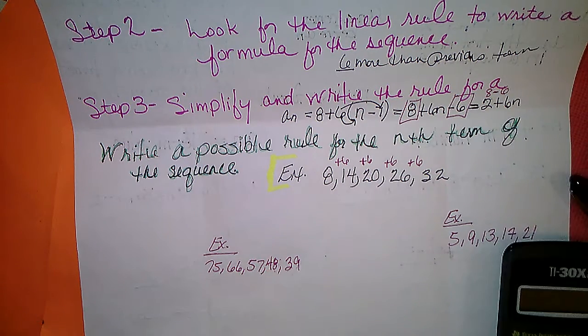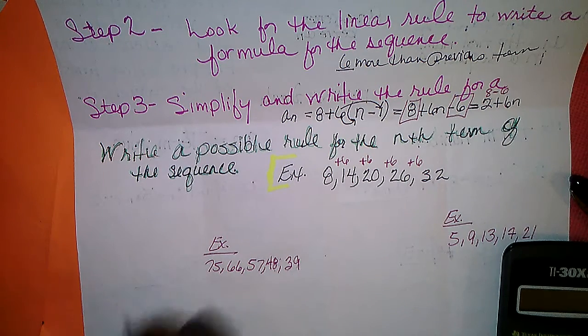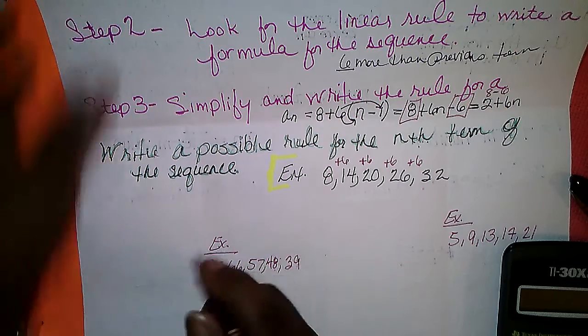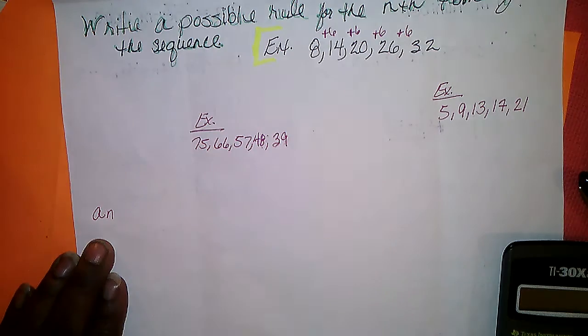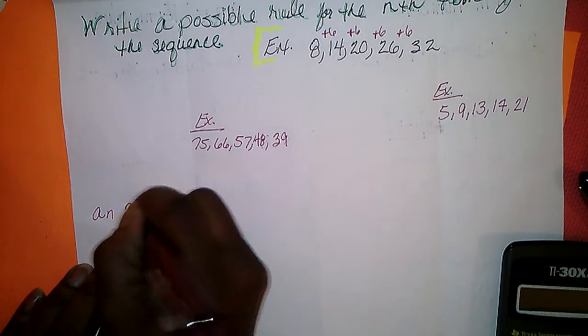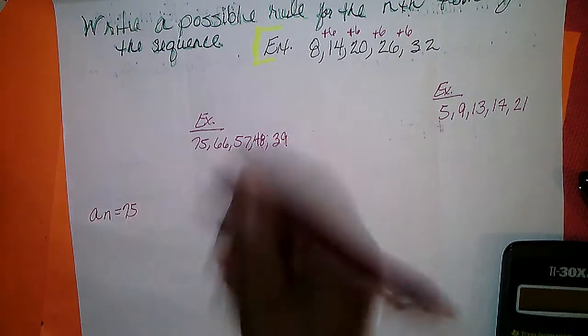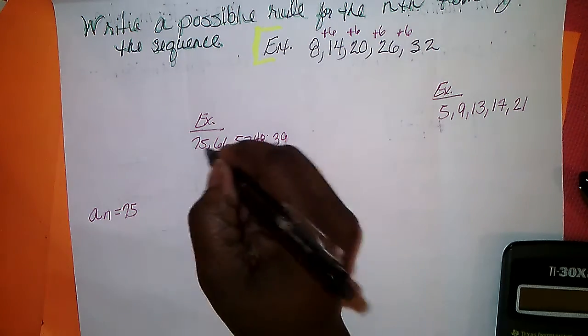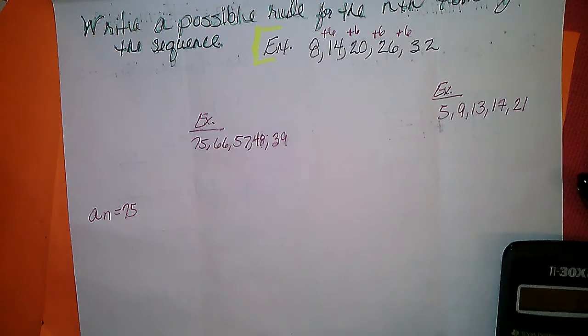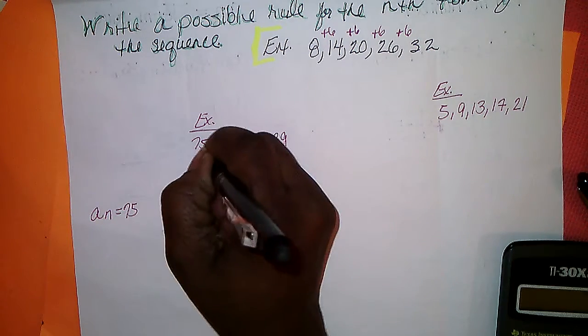We know our a sub n is going to be 75, so we can just write that to the side. The difference between 75 and 66 is 9, so it decreases by 9.